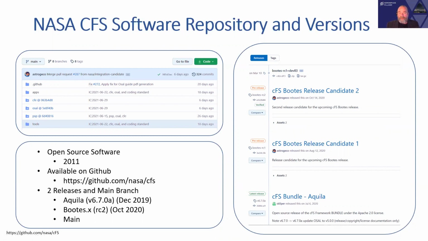These aren't just left in stasis, they've been updated over time to try to keep them current. And in addition, there's of course the main development branch. You can note in the upper left-hand corner that they have a very active GitHub repo with updates occurring almost weekly, if not even more frequently.